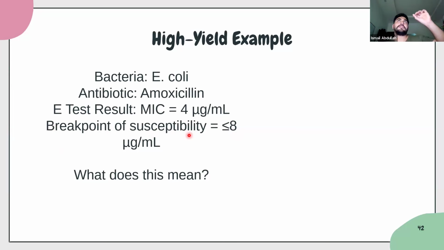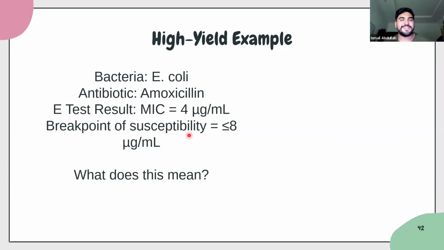What is the breakpoint of susceptibility? It means if I use a concentration more than 8, the bacteria is starting to develop resistance. Because if you start to use a very high concentration of something to kill what used to be killed at very low concentrations before, this means there is some kind of resistance being developed.